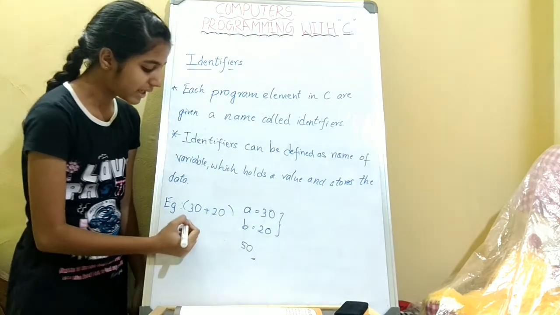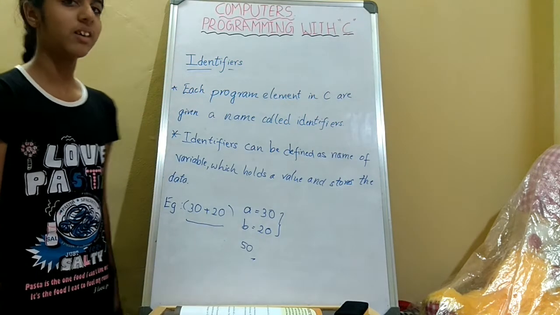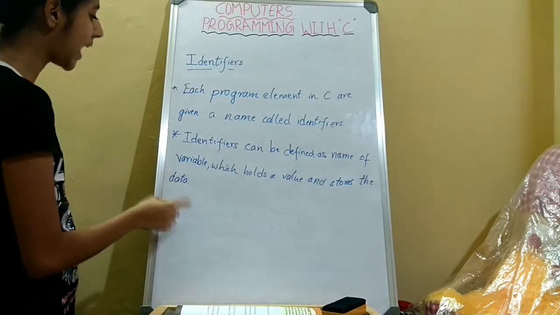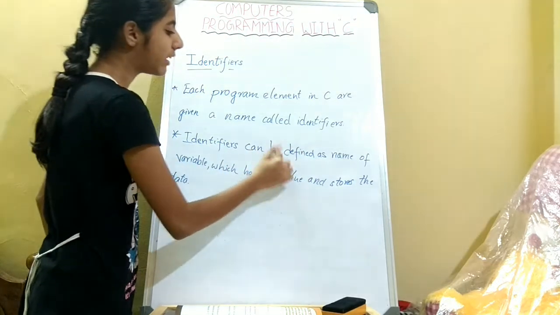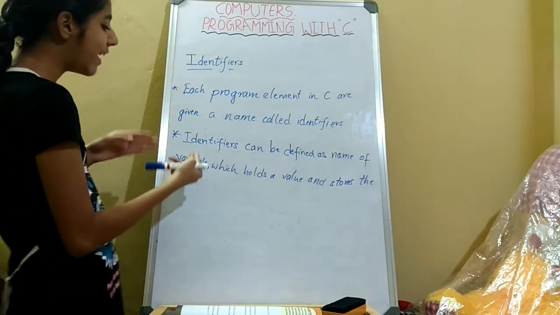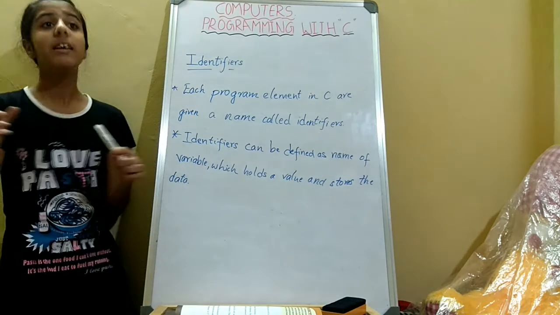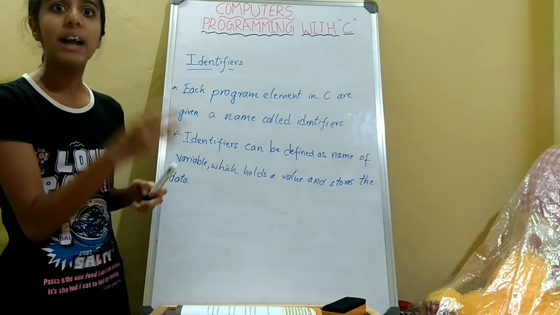You should not simply write it like before; it will keep showing errors. So identifiers can be defined as the name of a variable. You should define a variable, which stores the data, and the computer understands it.